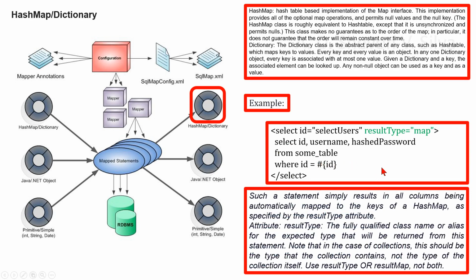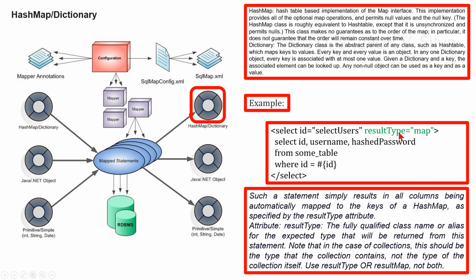As an example, we can consider this. This statement simply results in all columns being automatically mapped to keys of a HashMap as specified by the result type attribute. Attribute result type: the fully qualified class name or alias for the expected type that will be returned from this statement.